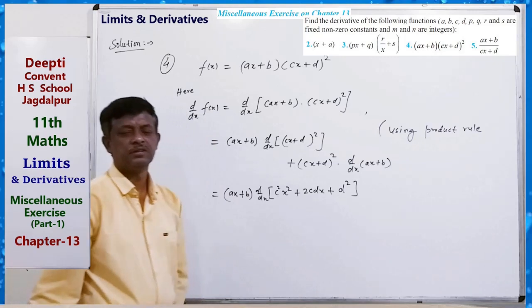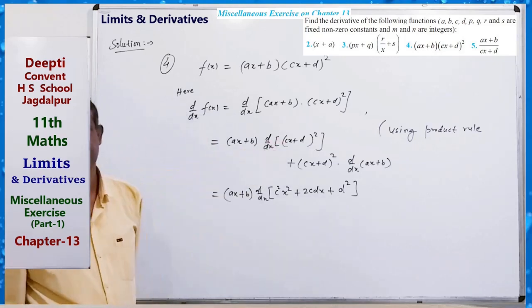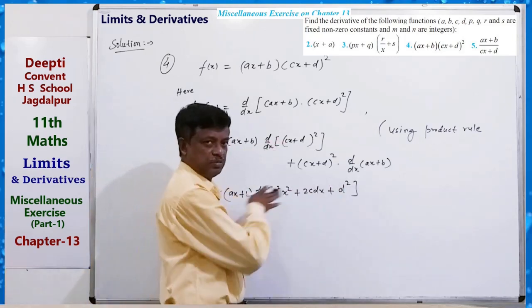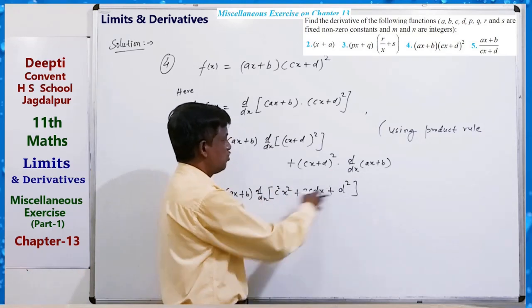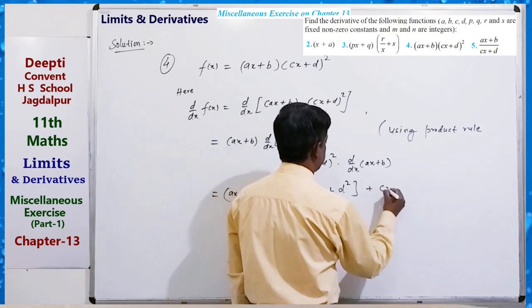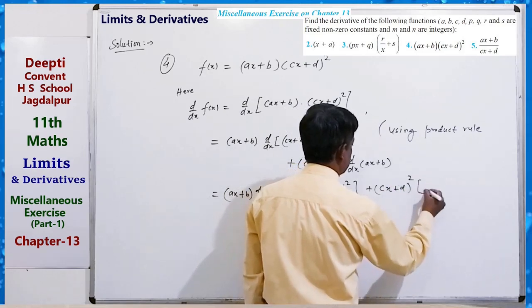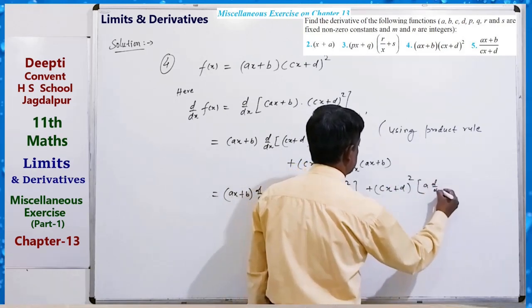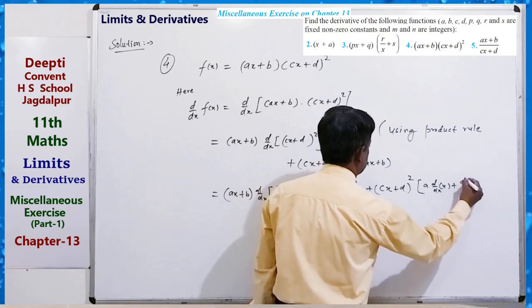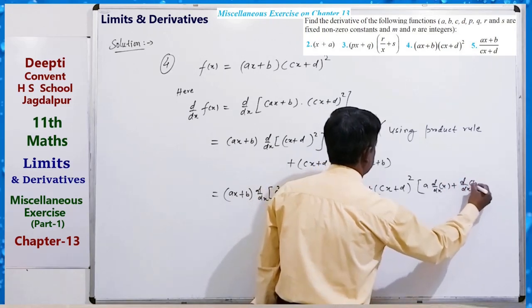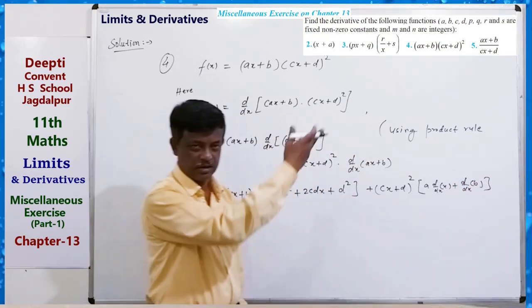This is the square formula used. Break it. Now we can differentiate it as a polynomial function. Here a dy/dx of x plus dy/dx of b. So b is constant, so that derivative is 0.